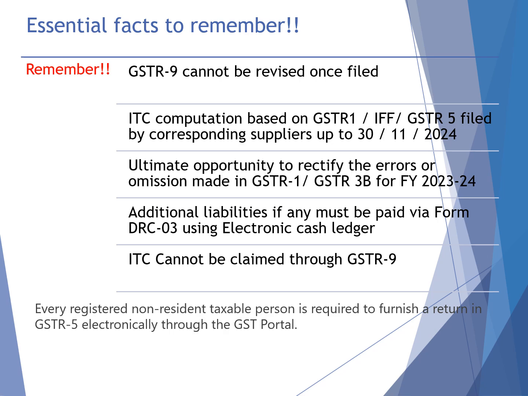This is a final opportunity to rectify any error or omission made in GSTR 1 and the GSTR 3B. Whatever additional liability is identified in GSTR 9 must be paid through the form DRC-03 using the electronic cash ledger. It is important to note that the ITC cannot be claimed while filing GSTR 9.